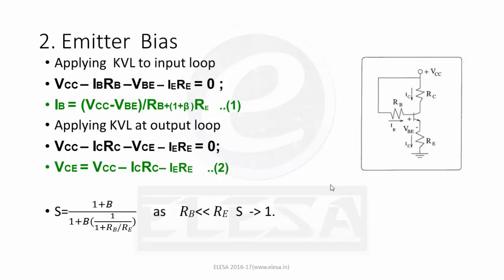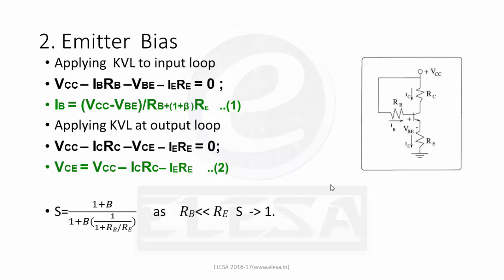For the analysis of this circuit, the first step is to apply Kirchhoff's voltage law to the input loop, that is VCC minus IB RB minus VBE minus IE RE equal to 0. By solving, we get IB equal to (VCC minus VBE) divided by (RB plus (1 plus beta) times RE). That is the IB. Then apply Kirchhoff's voltage law at the output loop.